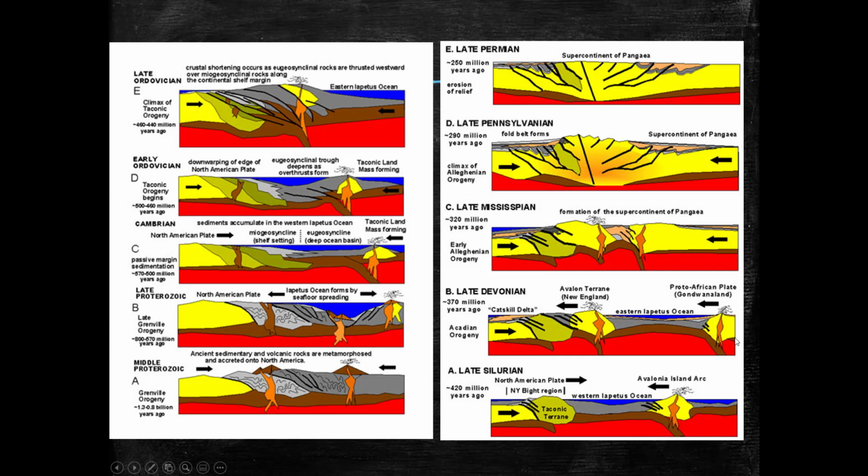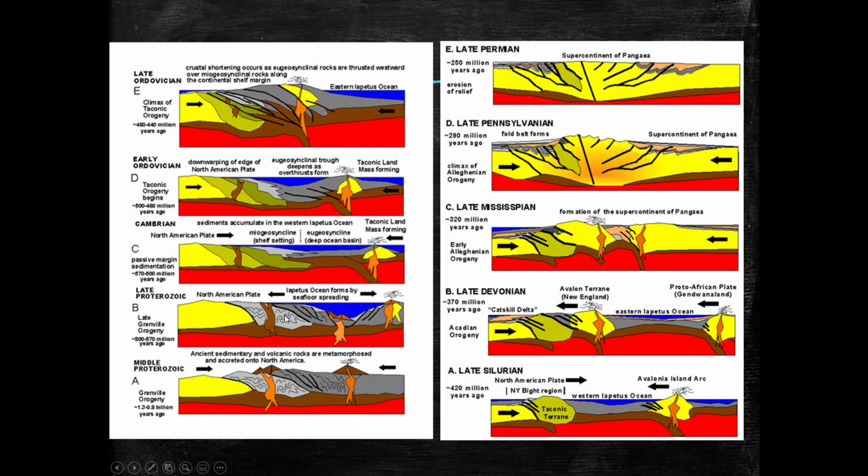And what you see coming here on the other side of the Iapetus Ocean is Africa. Africa slowly comes and collides with North America in the Mississippian and Pennsylvanian periods, creating the supercontinent of Pangaea. So to recap, we started with the supercontinent Rodinia.